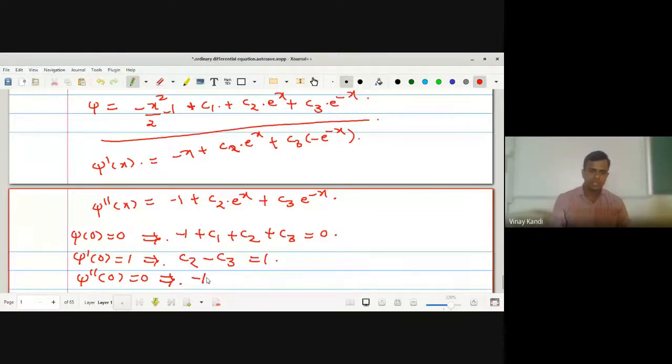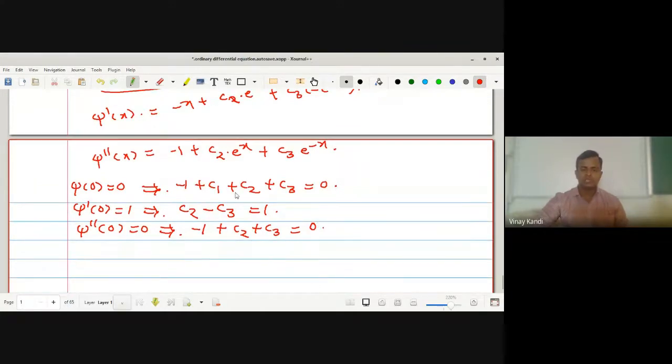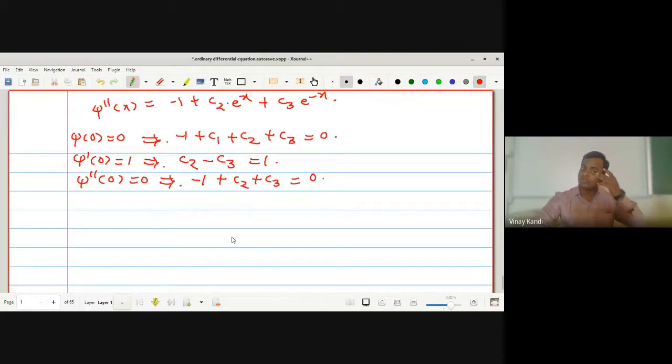Minus 1 plus C2 plus C3 is equal to 0. Now tell me, using these three equations, what is the value of C1, C2 and C3? C1 is equal to, C2 is equal to, and this one C3 is equal to.